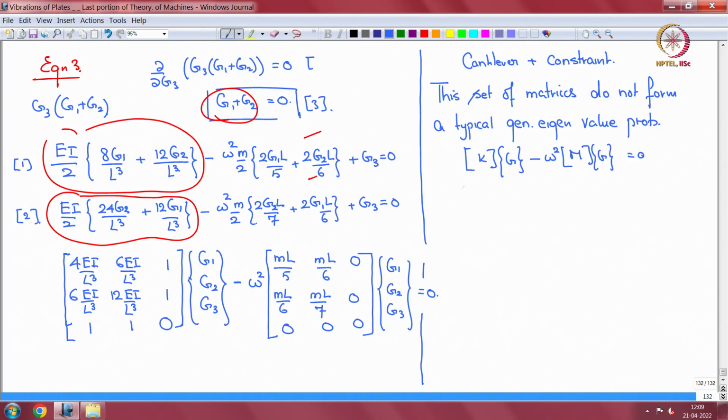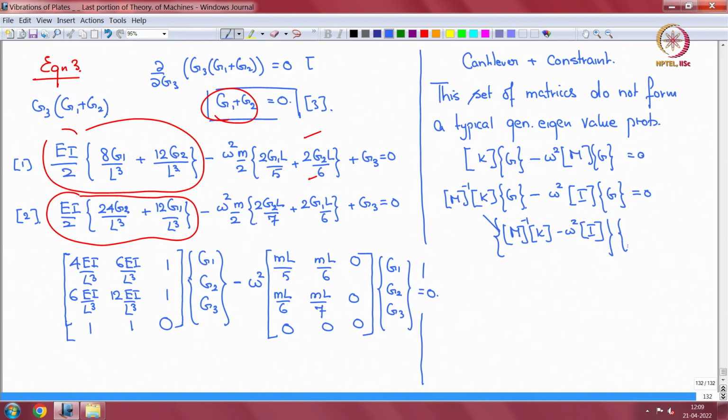I take an m inverse, then k g, then I have minus omega square I g equal to 0, or m inverse k minus omega square I into g equal to 0.